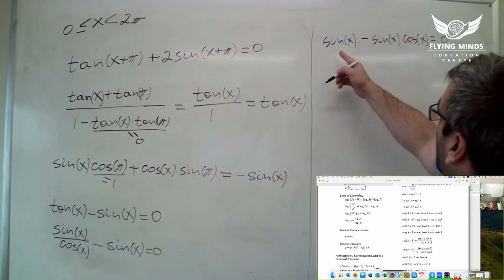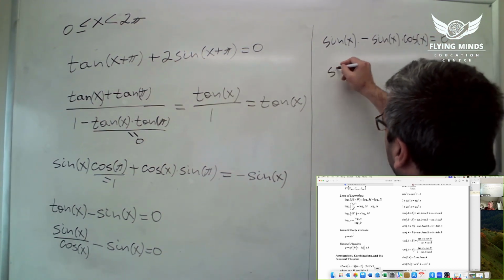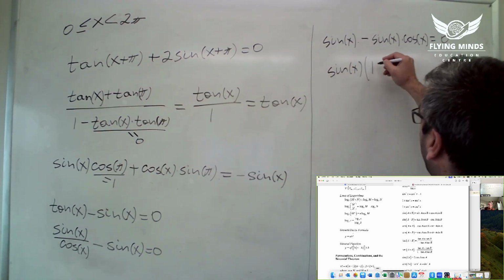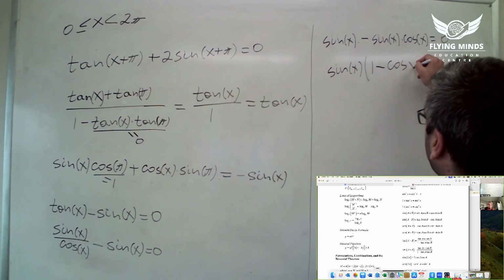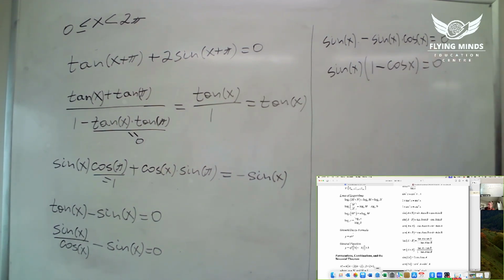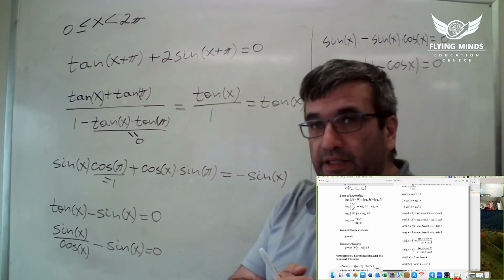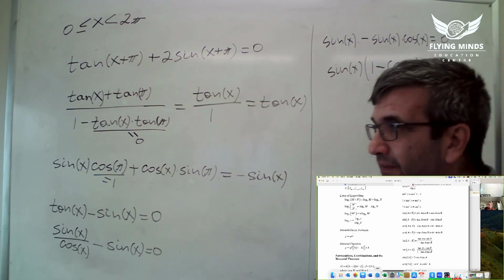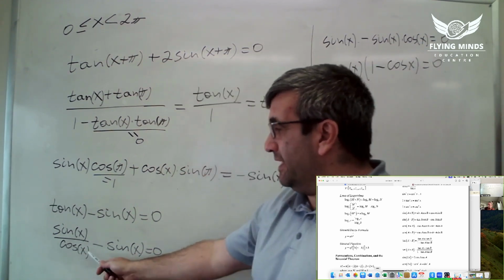And now what do we have? We can factor sine, and we have 1 minus cosine x equals 0. So when it's the same denominator, I can just forget about it? That's right, keeping in mind the non-permissible values.